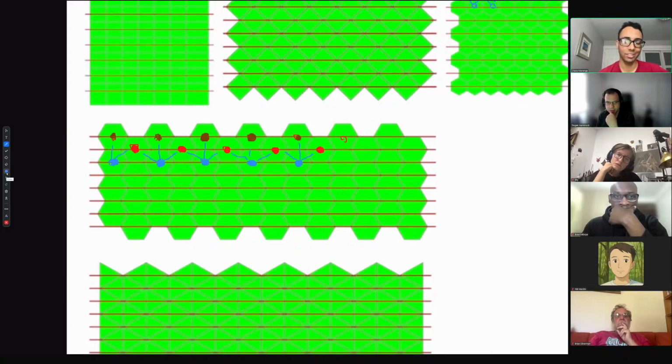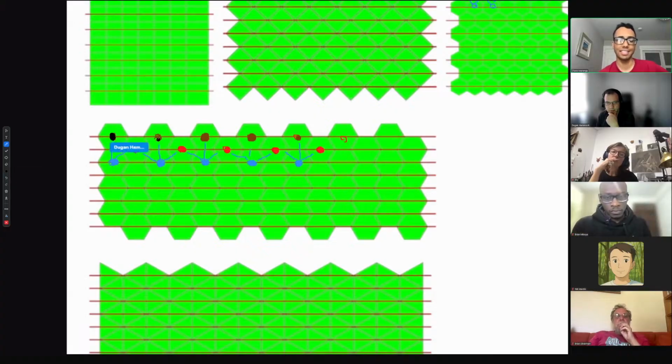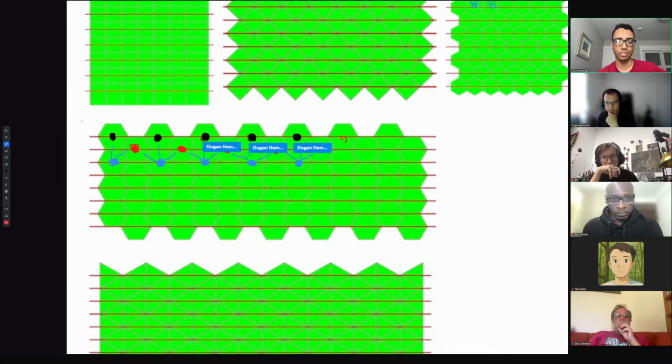Oh yeah, that's a good question. I think for that, we just initialized the very top row. Maybe that wasn't thought through as much. Actually, because we just initialized the very top row, the lighter red ones would just be initialized to being dead.